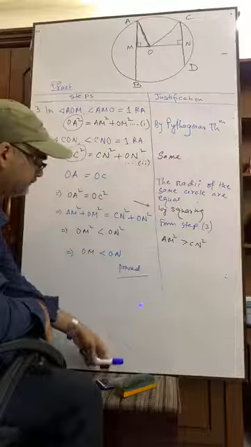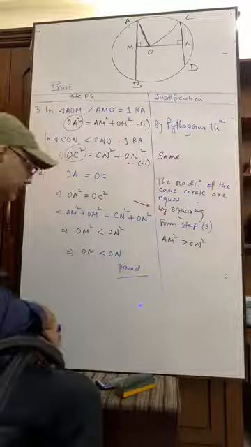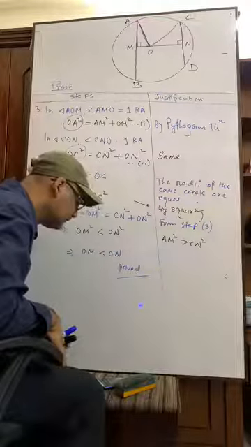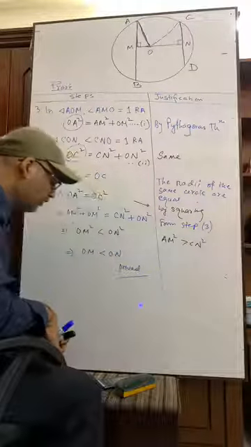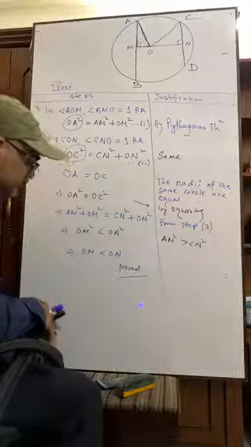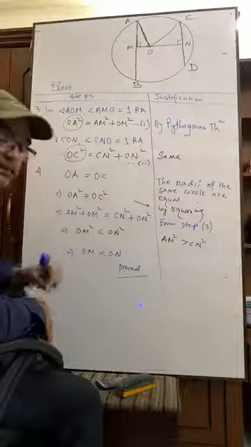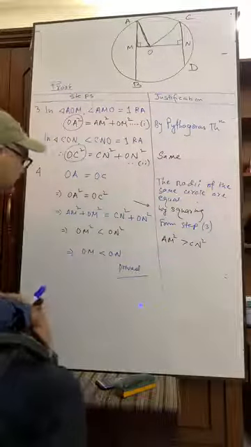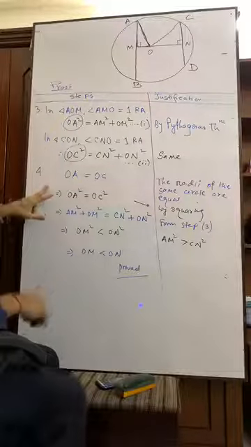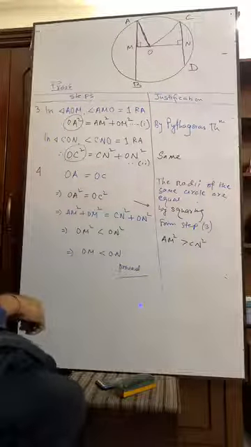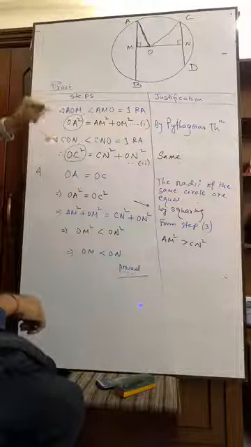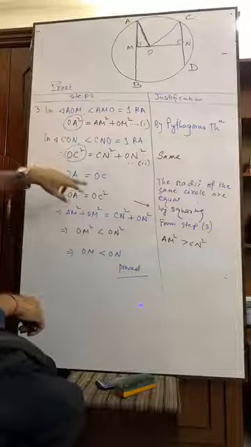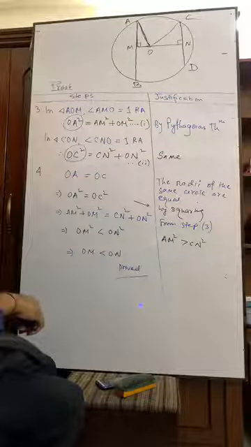Okay. So I think all of you have got it. One has written that the last part has not been understood. The last part means number 4. You see the radius OA equals radius OC, right?